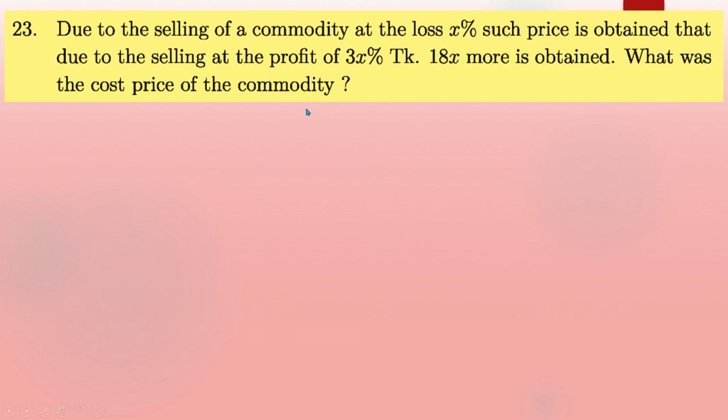If the cost price of the commodity is taka y, then at X% loss, the selling price will be y minus X%, y minus X, or as here it is a percentage, we can write 100 minus X, so no need for this.